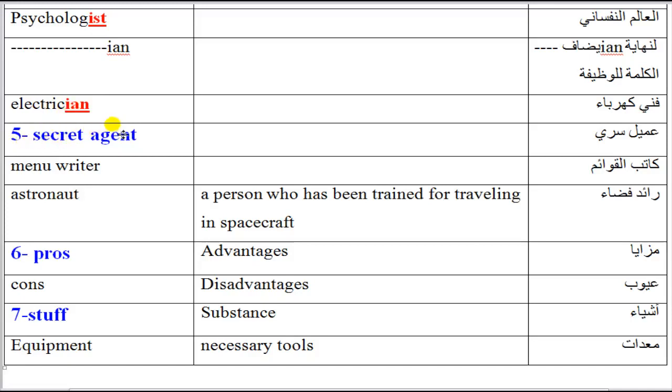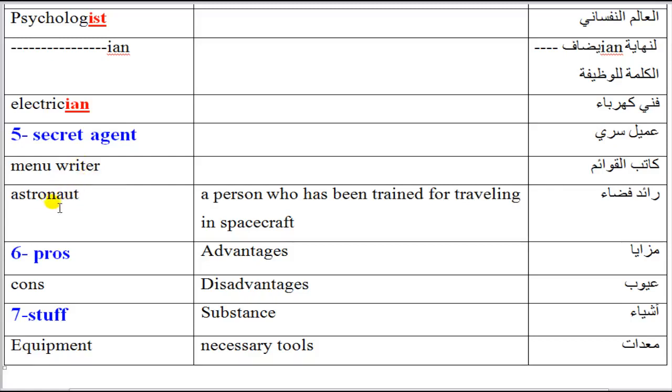5. Secret agent, mini writer. The T here, we pronounce it D, fast D or soft D. Astronaut.